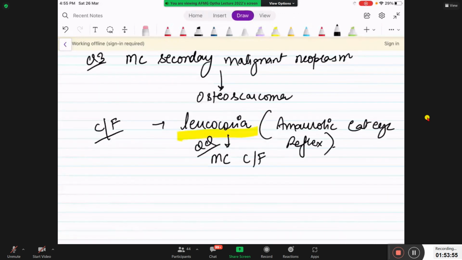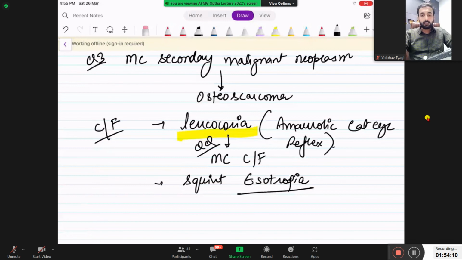Second important clinical feature, write down. Patient will have squint, esotropia. Now try to understand this esotropia. Suppose I am looking straight, right? So what will happen in esotropia? Eso means my eye, suppose my right eye is having esotropia.